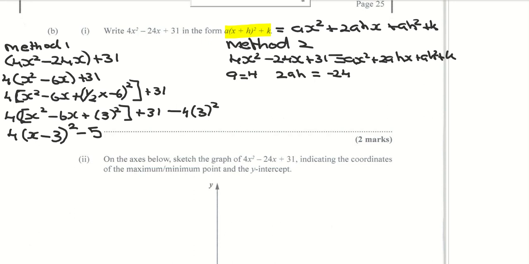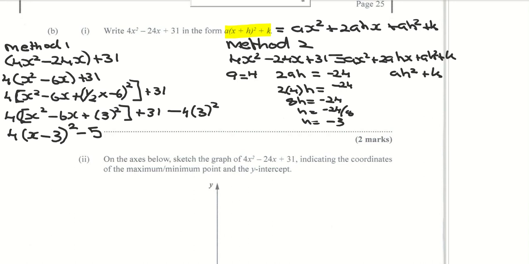We know a is 4, so 2 by 4 h is equal to negative 24. That is 8h is equal to negative 24. So h would be negative 24 divided by 8, which is h is equal to negative 3. Did we get that here? Yes, we did.